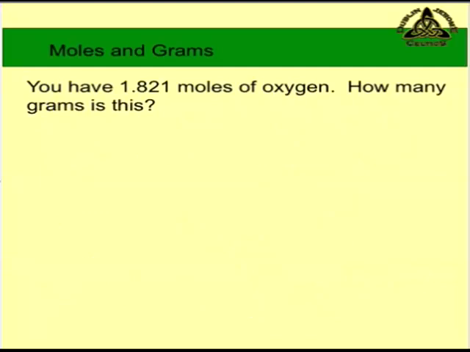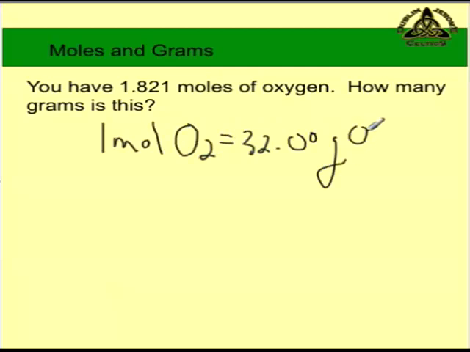Let's try another. It says we have 1.821 moles of oxygen. How many grams is this? Again, let's remind ourselves of the relationship we wrote down a little bit ago. 1 mole of O2 has a molar mass of 32.00 grams of O2.